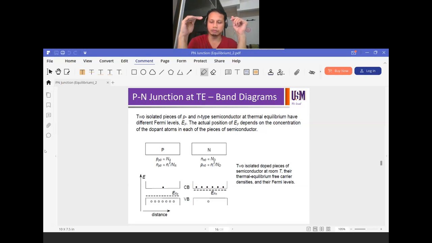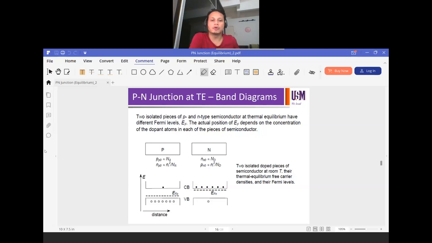The moment you join them together, you have a metallurgical contact in the center, and you end up with diffusion of both carrier types in both directions. The holes in p-type diffuse into n-type, and the electrons in n-type diffuse into p-type, until some point where they no longer diffuse, and at that point you have your built-in electric field.